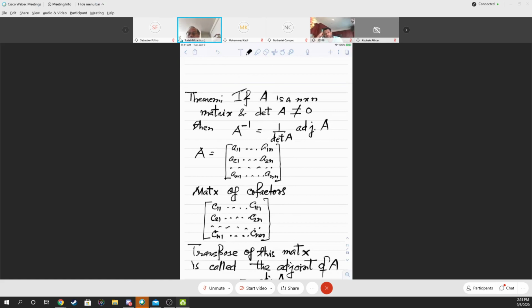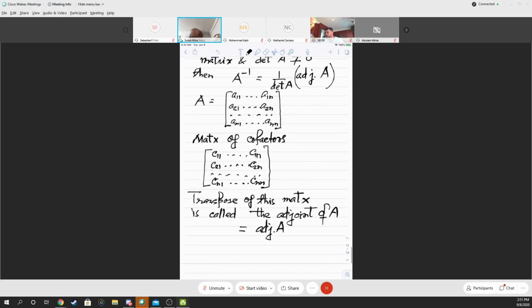Suppose A is an n by n matrix, which is non-singular, that means determinant is non-zero. Then the inverse of A is 1 upon determinant of A times adjoint of A. And what is adjoint of A? A is this matrix. You take the matrix of the cofactors. Take the transpose of this matrix. That's called the adjoint of A.